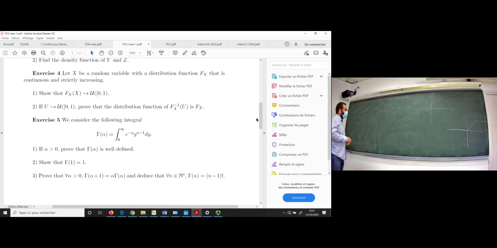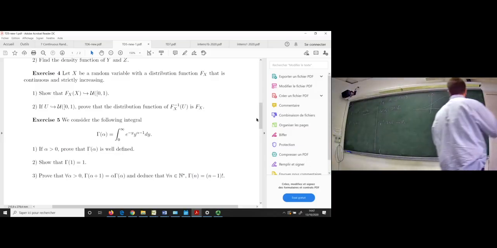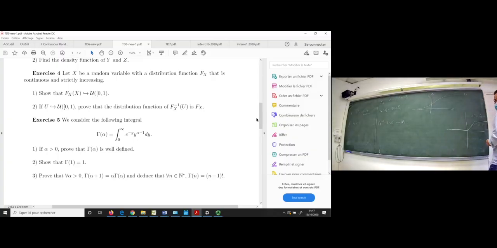So it means that I can define F_X^{-1}, which is a mapping from (0,1) into R, the inverse.